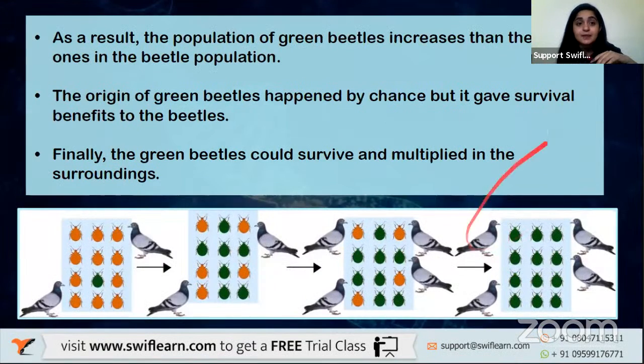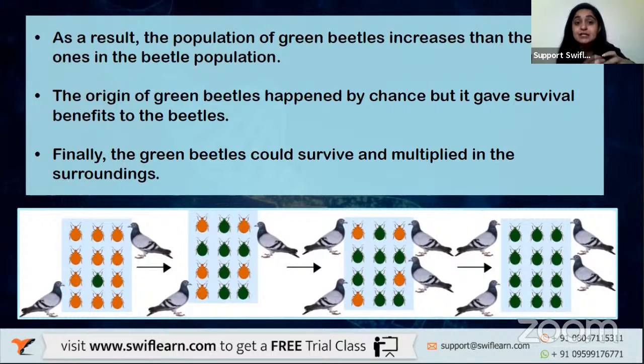As a result, the population of the green beetles increases compared to the red ones in the beetle population. The origin of green beetle happened by chance. Yeah, that was absolutely a chance because it was not a dominant trait, but still sometimes the traits that are recessive in nature, that are hidden somewhere, come up. So that was a case of that thing.